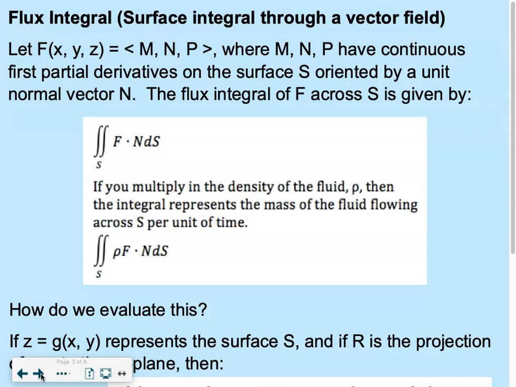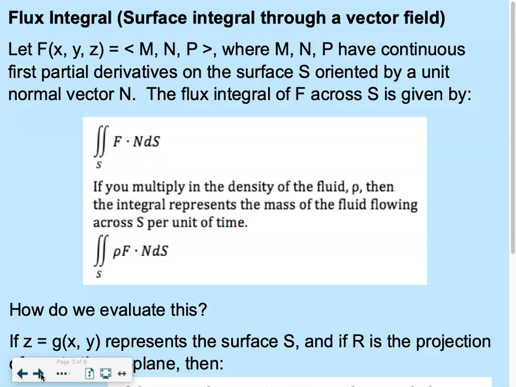All right, so if big F is your vector field and all of its components have continuous first partial derivatives on the surface S oriented by a unit vector n. I should note that our book from last year used a capital letter N, and our book this year uses a lowercase n. Don't let that throw you off, okay? n just means the vector normal to the surface.